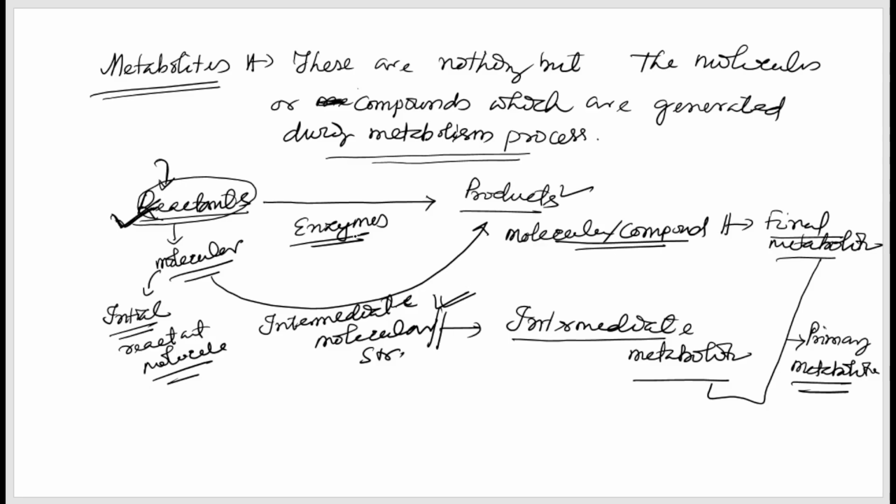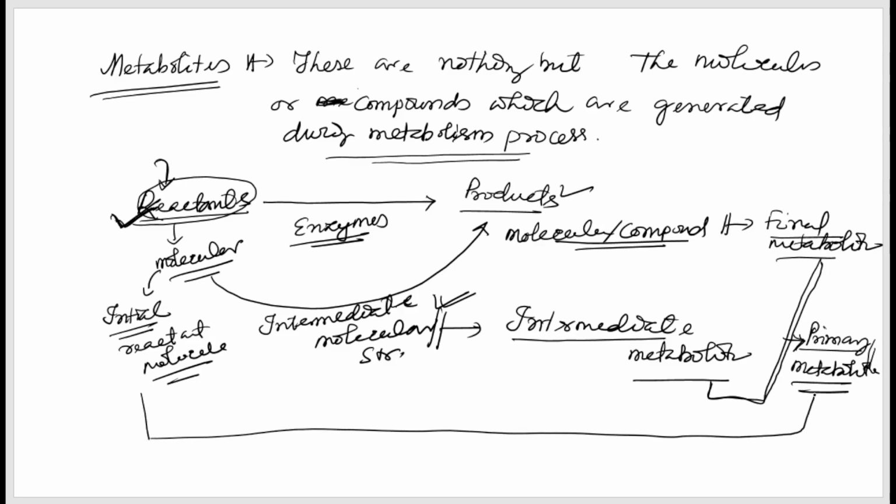This fast phase of reaction is the primary metabolic pathway, and from this the primary metabolites are generated. So this whole process where the primary metabolites are generated is called the primary metabolite pathway.